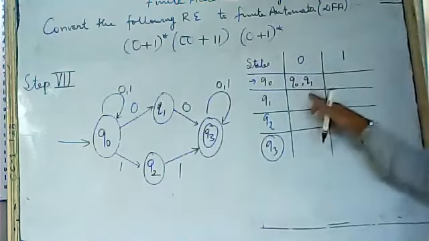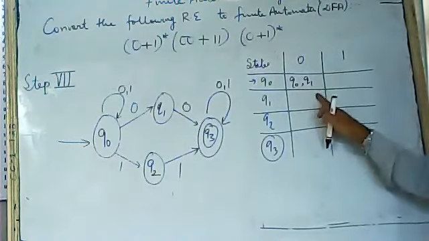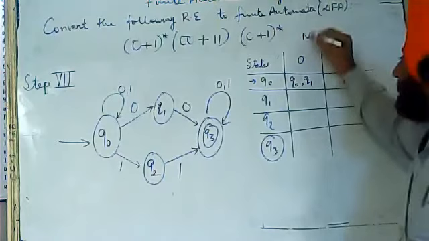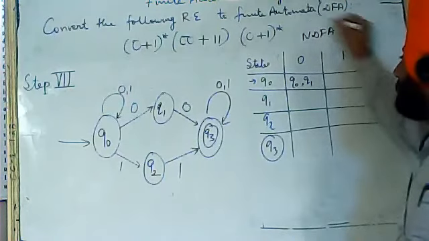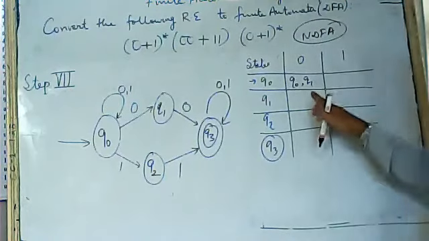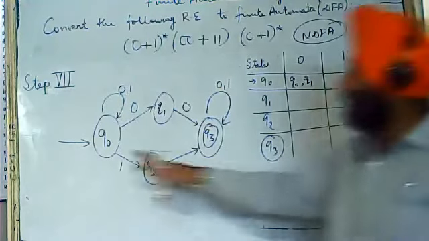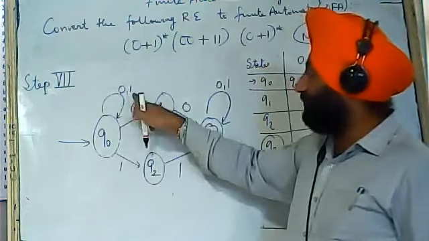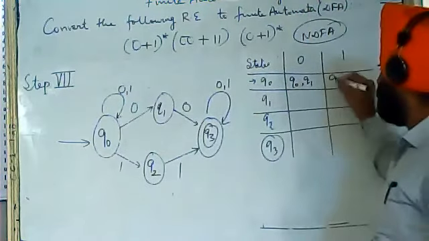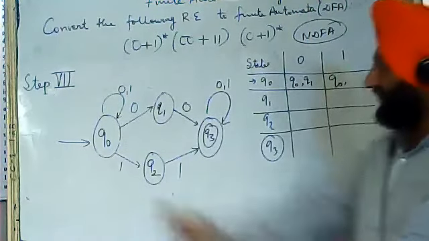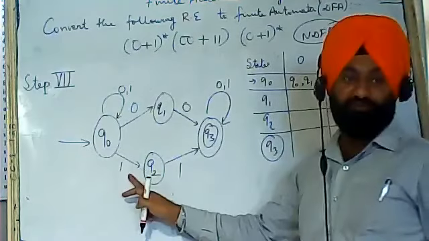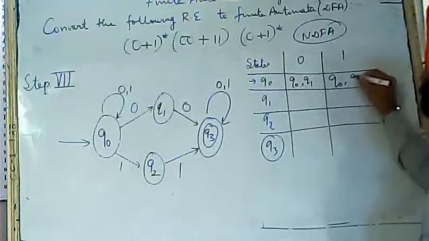Here you can find that this transition table belongs to an NDFA because more than one output is coming. Next, Q0 upon the processing of 1 is going to itself, so Q0 is there, and Q0 upon 1 is also going to Q2.